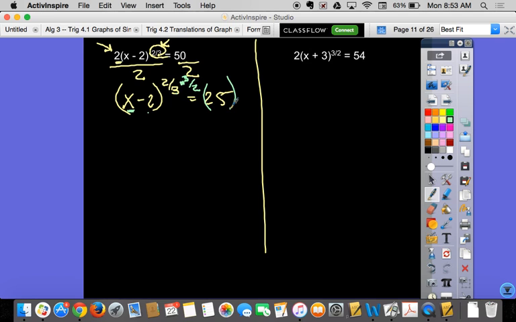Well, again, what you do to one side, you must do to the other. 3/2. Now, remember, if you have a rational exponent, the top number is the power, and the bottom number is the root. So this is the square root of 25. Get that number and then cube it. Now, if that hurts your brain, get a calculator and type it in. 25 raised to the 3/2 power.